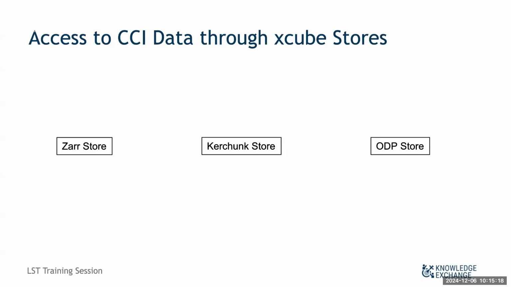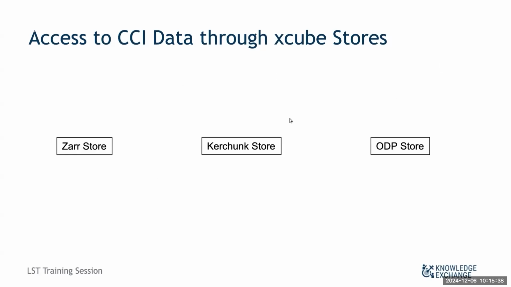There they are hosted mostly as NetCDF files, but sometimes also other formats like TIFF or Esri shapefiles. But through the store, they are read into the system and then provided as Xarray datasets.